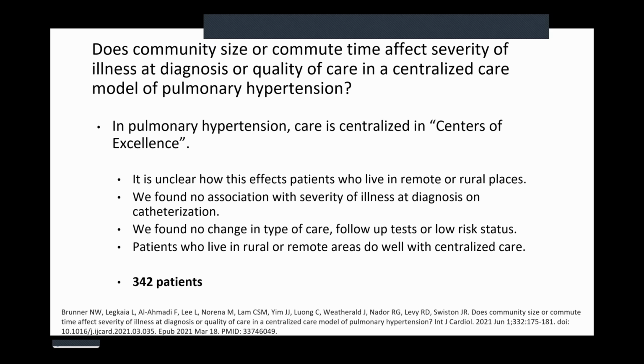And what they found, and this should be reassuring, was that there was no association with the severity of illness at diagnosis on the right heart catheterization. They found no change in the type of care, the follow-up tests, or the low risk status. So patients who live in rural or remote areas do well with centralized care. I think that's a really reassuring finding from this study.